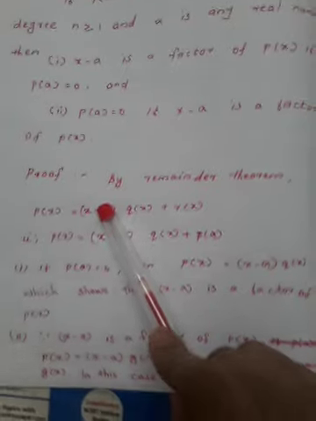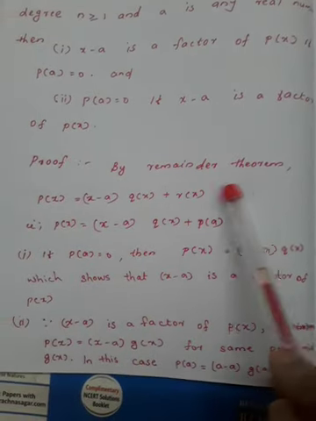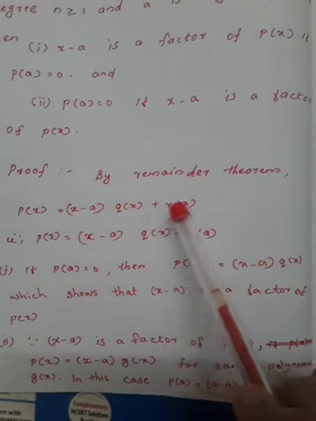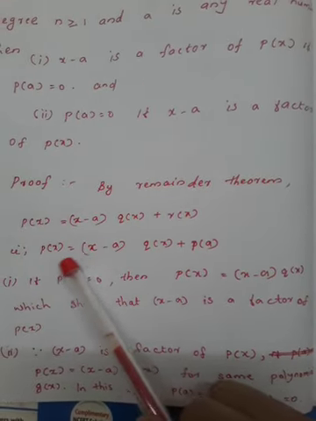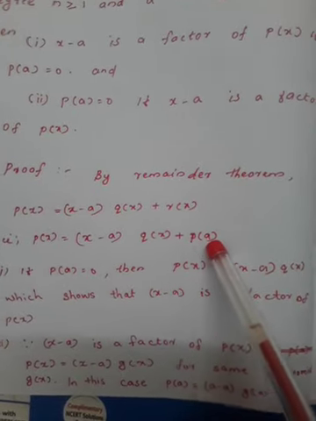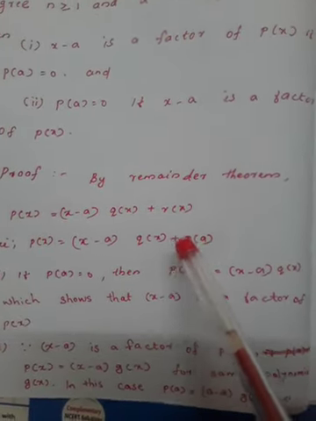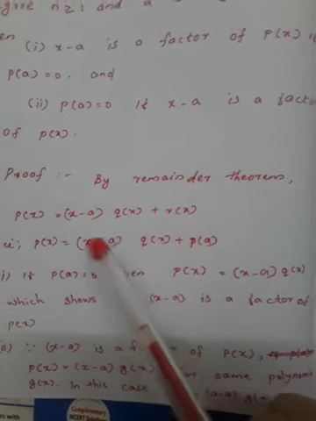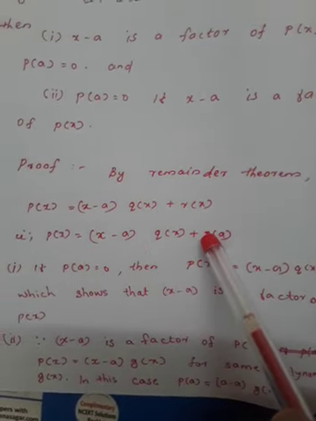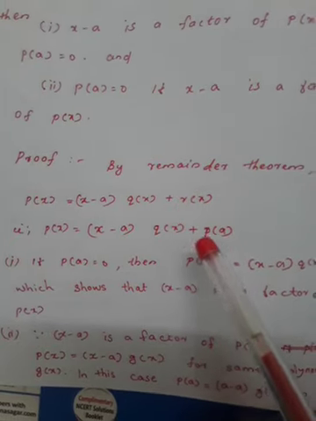Now its proof. By the remainder theorem, p of x equals x minus a into q of x plus r of x, which becomes p of x equals x minus a into q of x plus p of a. By the remainder theorem, the remainder will be p of a when we divide p of x by x minus a. So here we can rewrite r of x as p of a.